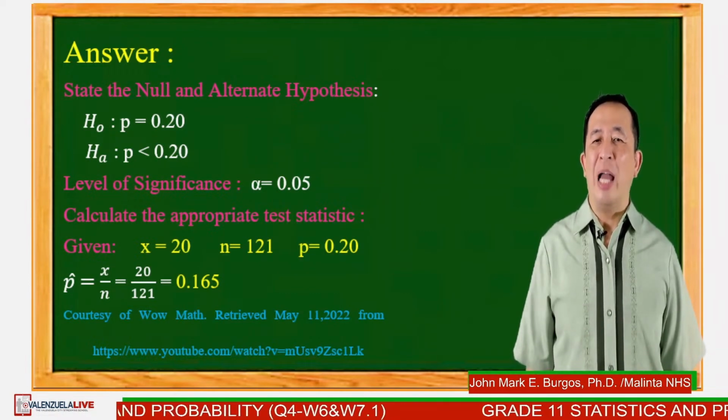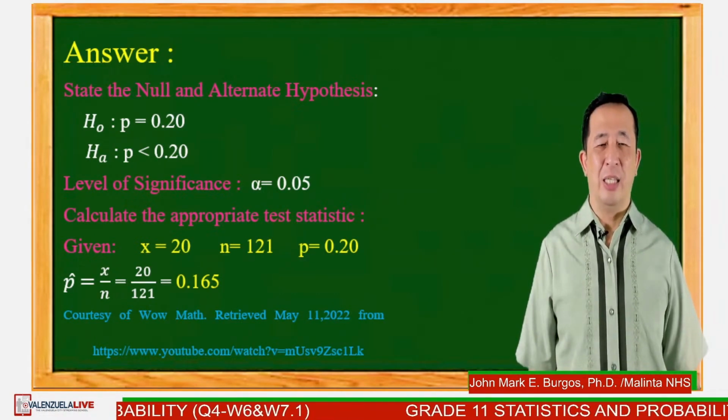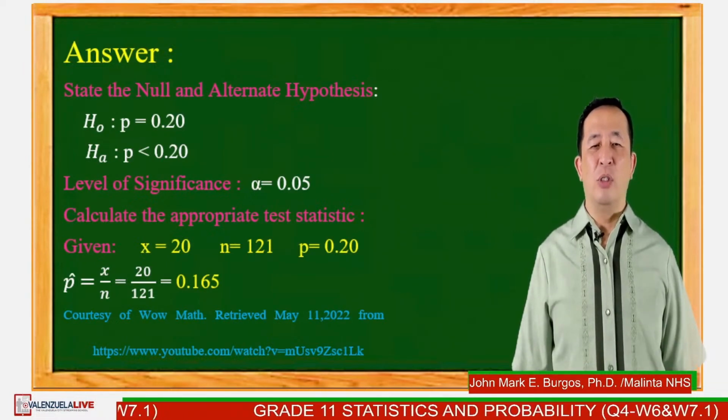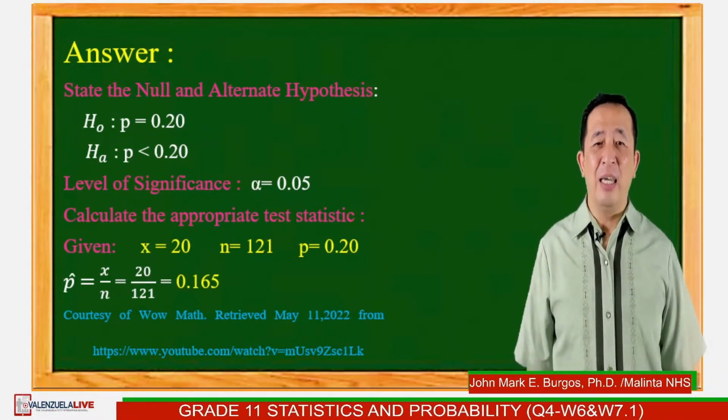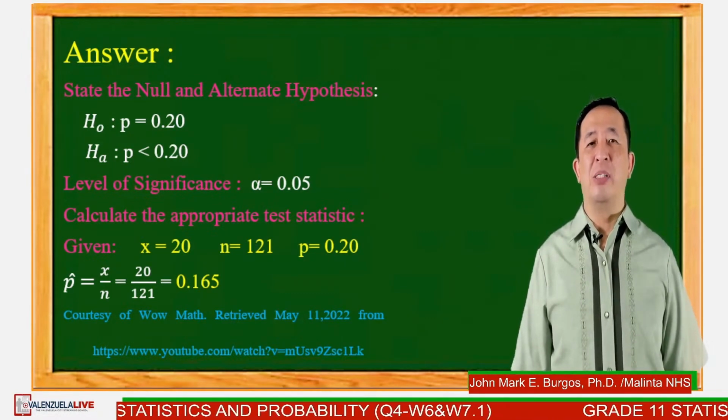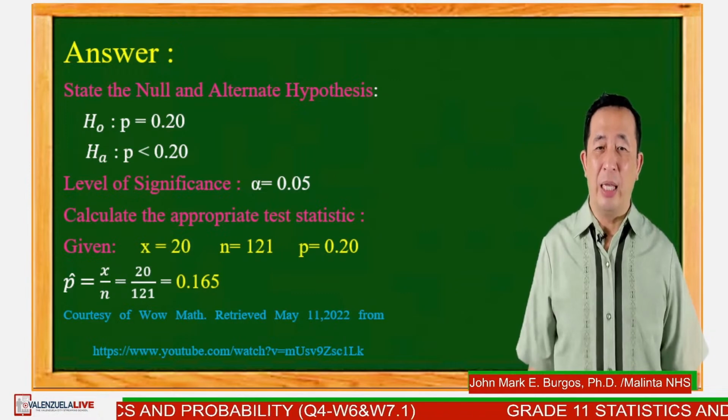So we need to calculate the appropriate test statistic. The given is x is equal to 20, n is equal to 121, and p is equal to 20% or 0.20.